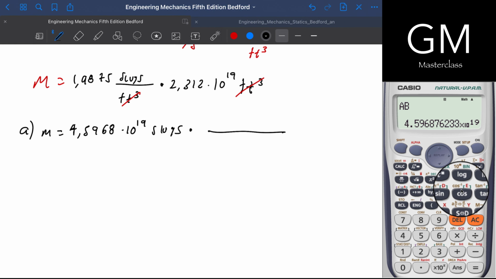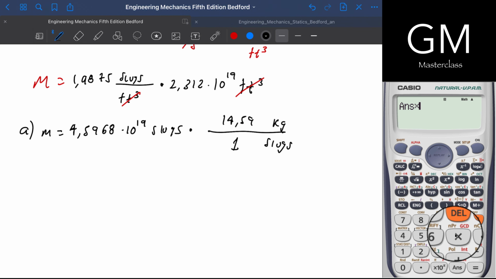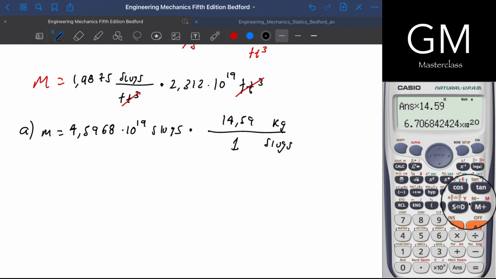For me to do this, I gotta know the equivalence between slugs and kilograms. So 1 slug is equal to 14.59 kilograms, and that means that I just gotta multiply this by 14.59.